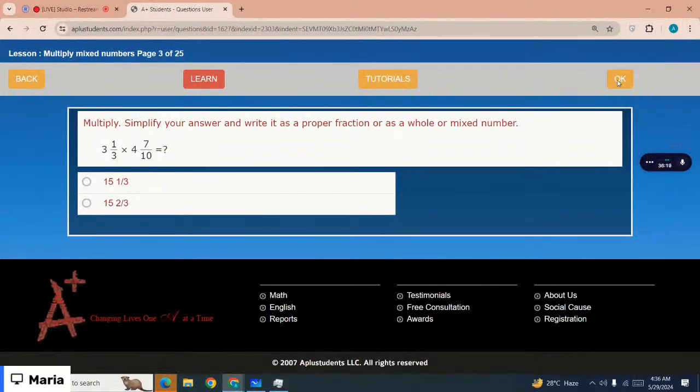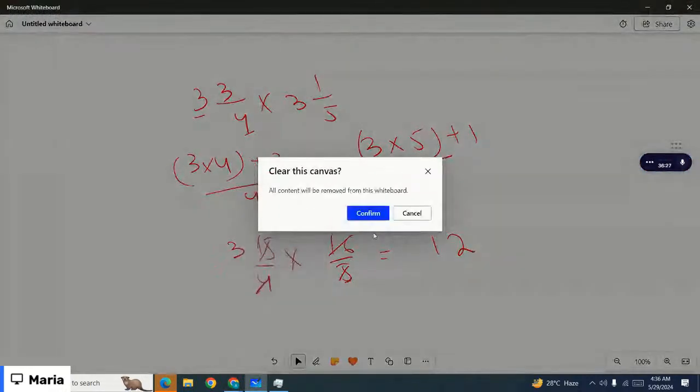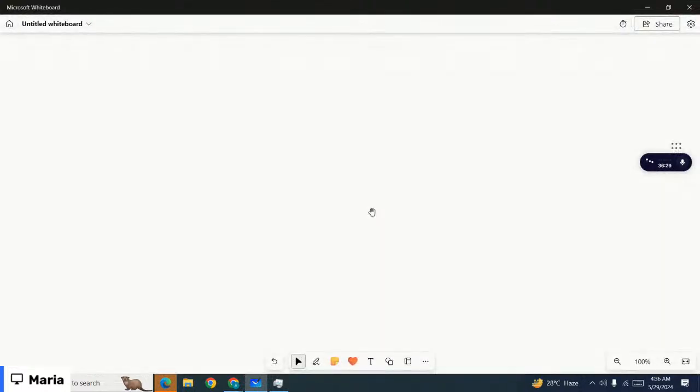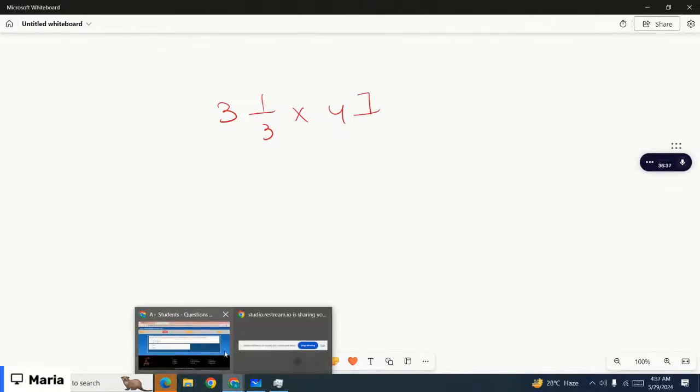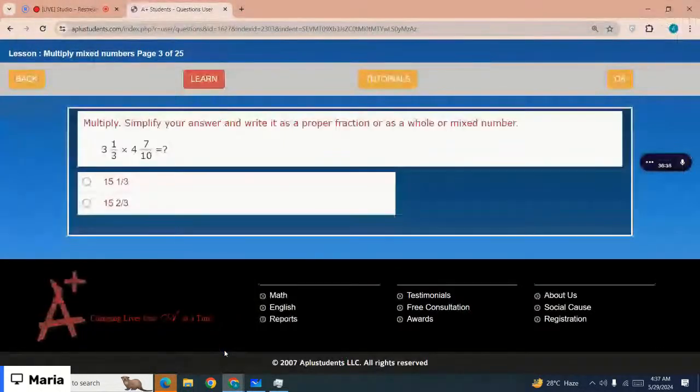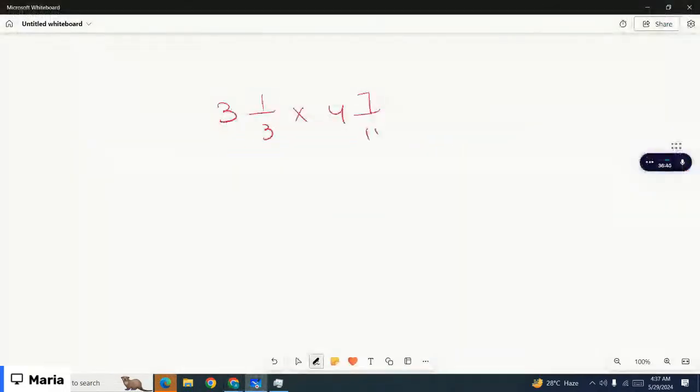3 whole 1 by 3 times 4 whole 7 over 10. So you have to do 3 times 3 plus 1 over 3.